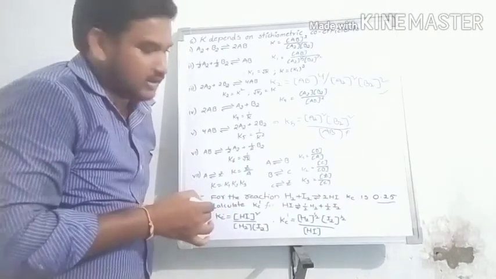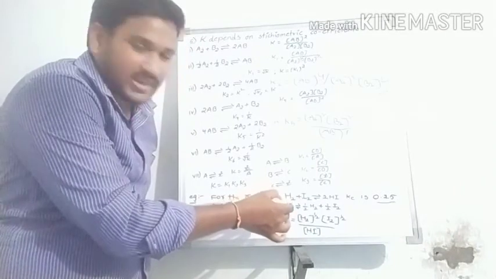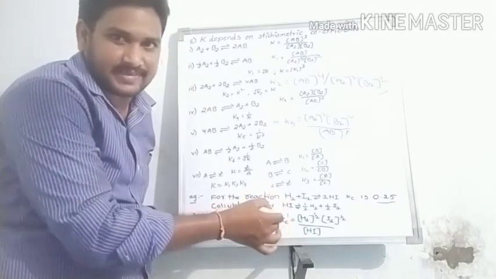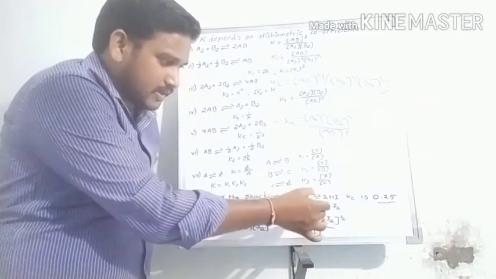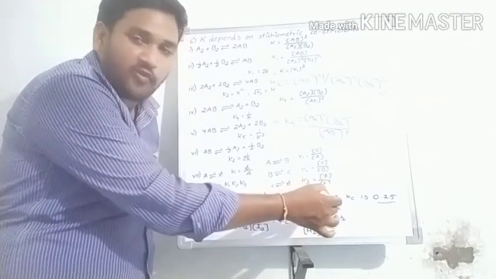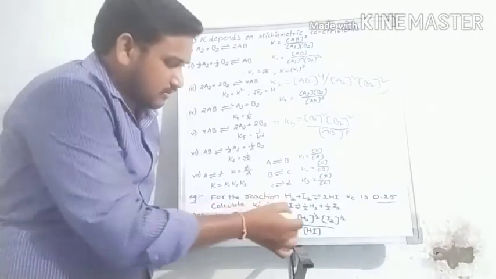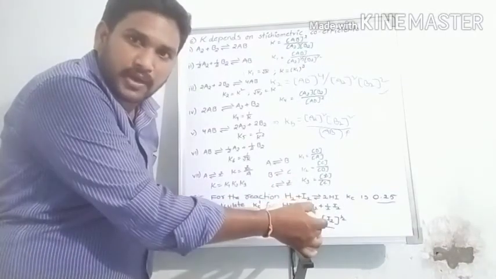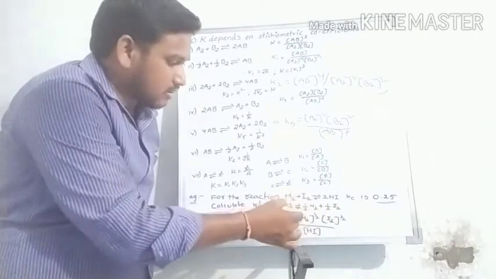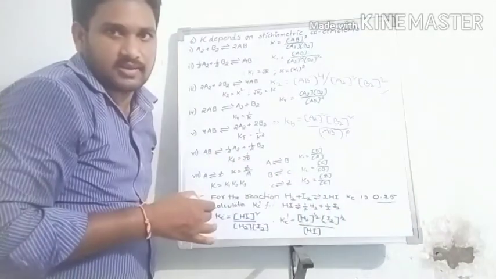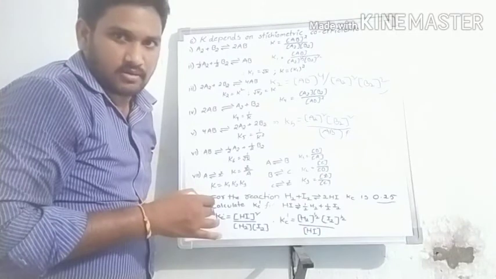In the reaction below, we write the Kc dash. Kc dash is equal to, here H2 and I2 act as products, H2 whole power 1 by 2 and I2 whole power 1 by 2 by concentration of HI. Clear or not?